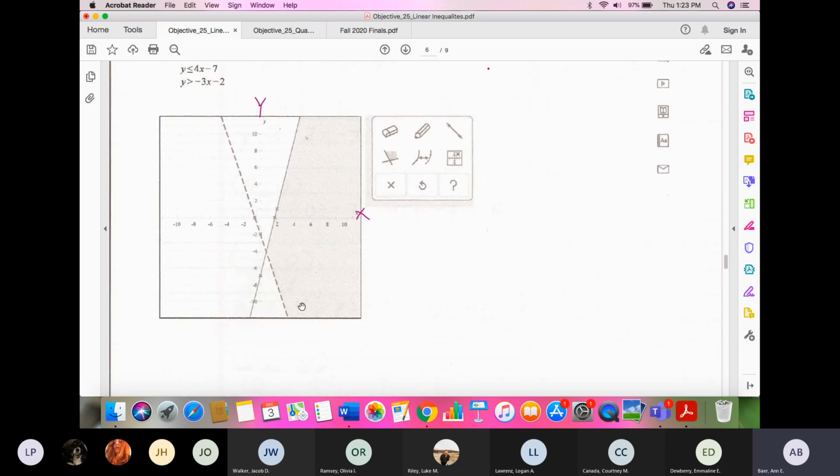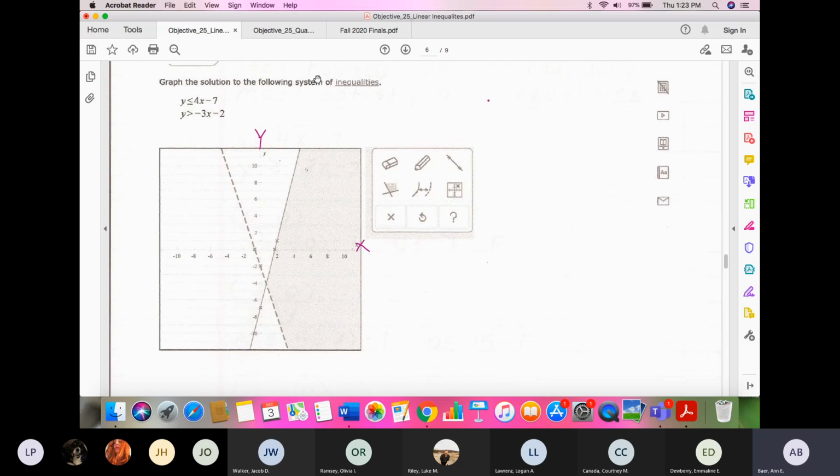We're going to have one that's dashed and one that's solid in this problem. That doesn't mean that's how it's going to happen for all of them. We have one that's solid because the equal indicator appears. We have one that's dashed because the equal indicator does not appear. You could have 2 solids or 2 dashes, or one of each.